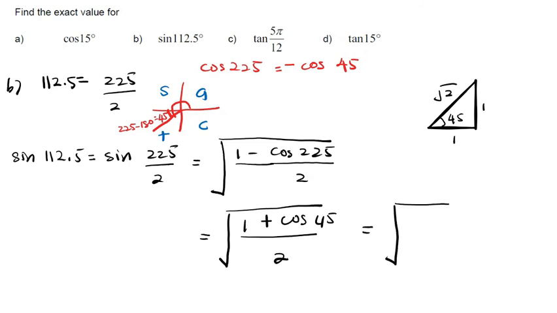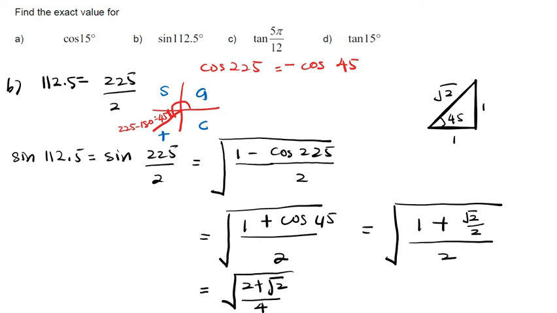So we get 1 plus square root of 2 over 2 divided with 2. So as we simplify the answer, we get 2 plus square root of 2 divided with 4. Don't forget to write degree. Sorry, I forget. This is all in degree.